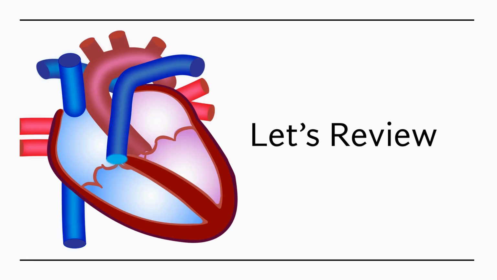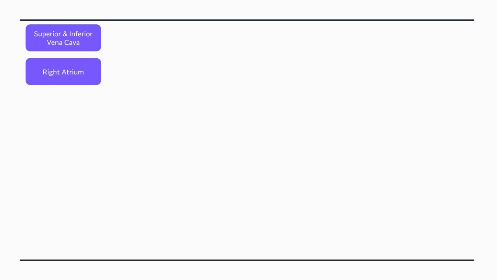All right, let's do a quick review before we're done. Let's see if you remember the entire flow. Okay, remember we started at the superior and inferior vena cava, which emptied all of its blood into the right atrium.